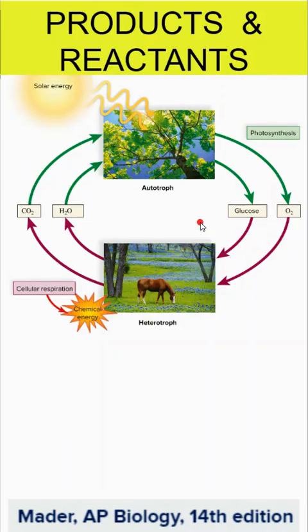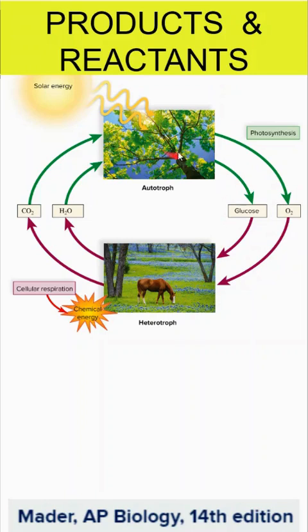So this idea, again, last thought here, is that what are products and what are reactants? Again, we're going to get to cellular respiration, and so often the products become the reactants of the next process.